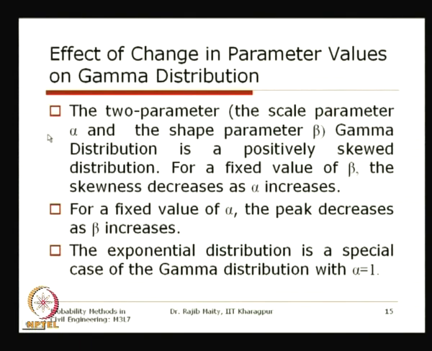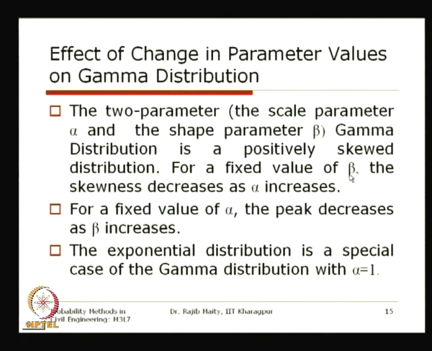Now, we will discuss the effect of change in the parameter values on the gamma distribution. These two parameters are the scale parameter alpha and the shape parameter beta. This gamma distribution is a positively skewed distribution, which we showed in the PDF plot for a particular set of parameters.